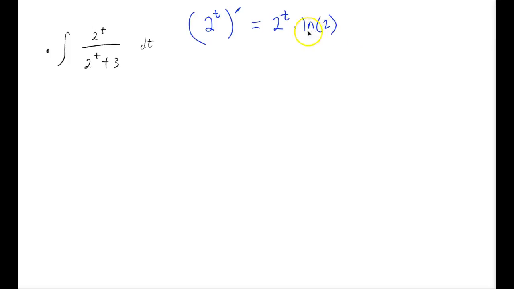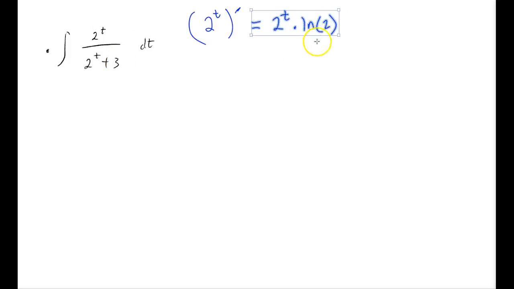And of course, natural log of 2 is just a constant number. So we see that we would have 2 raised to the t taken care of if we took the derivative of this. But we can also take care of it if we use 2 raised to the t plus 3, because of course the derivative of 3 is just 0.